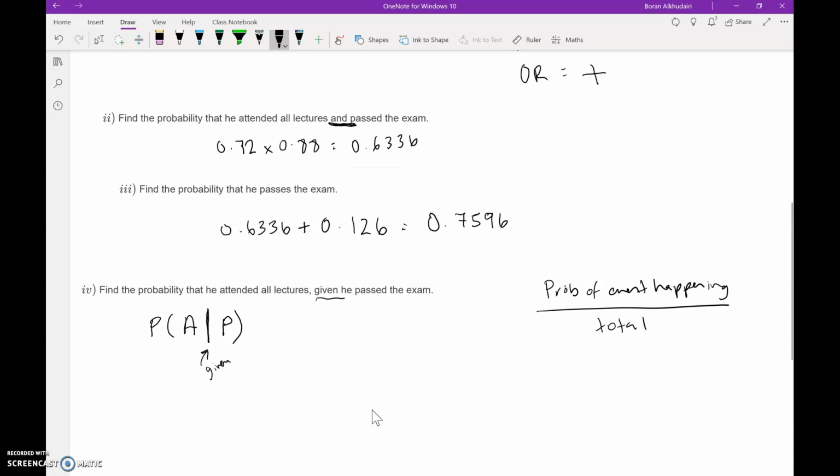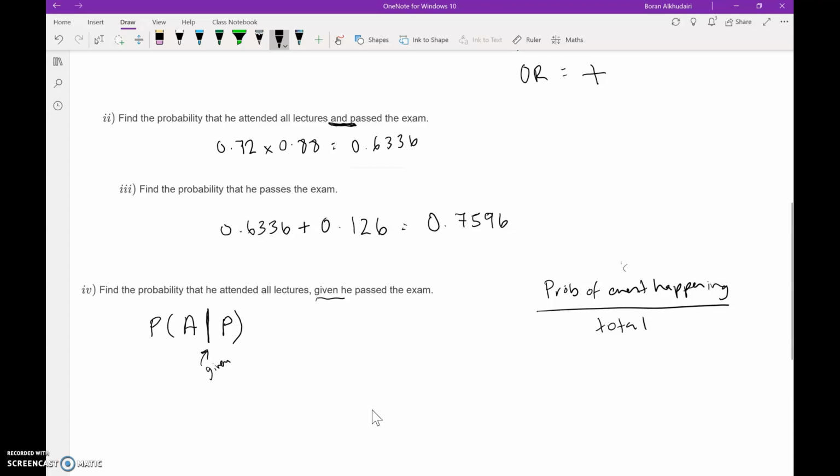When we have a reduced sample space, our total is changing. So if they asked what's the probability that he just attends lectures, like he did before, we write the probability of him attending lectures here out of the total probability, because they're not telling us anything else. It's just out of the total.